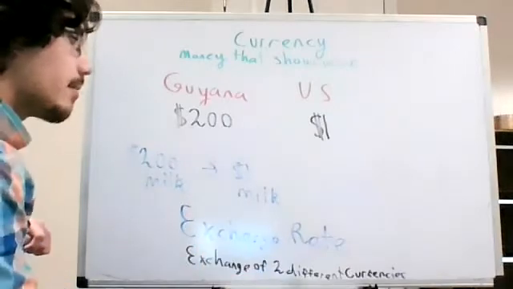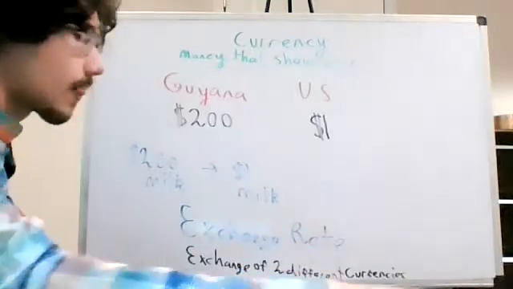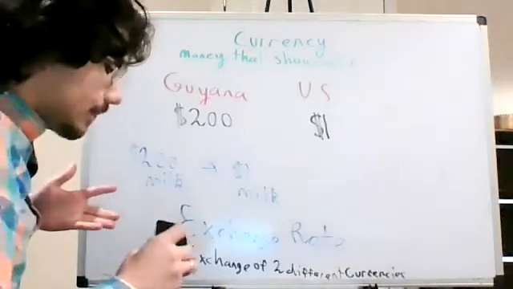So $1 milk in America, that would be very cheap in America. But this is how it works generally.